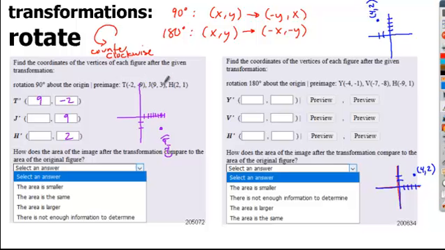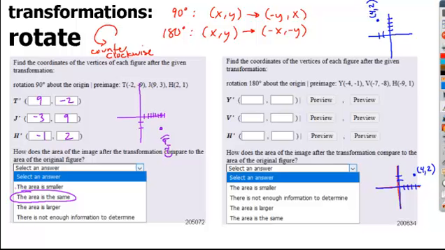So I can now take my old y, take its opposite, my old y, take its opposite, and that gives me my points very quickly. Again, just by testing it one time and physically rotating it and counting the new set of coordinates. Okay, what do you think is going to happen to the area here? There is no change in area, so it will stay the same.